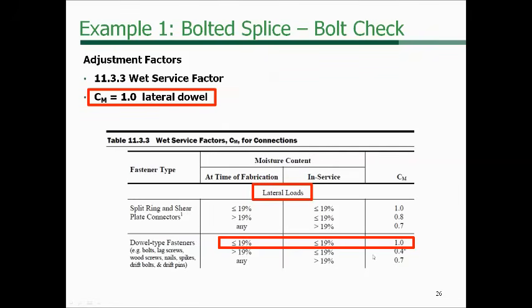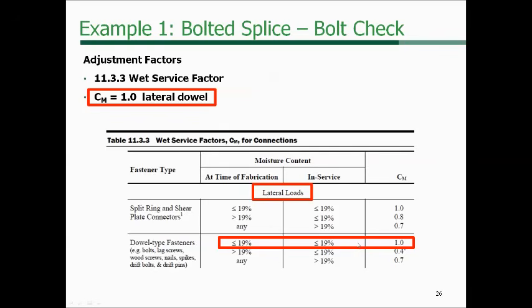Depending on the configuration, if you have a lot of bolts in a certain configuration, you can get a pretty significant penalty there, up to 60%. Now there are some caveats that allow you to back that off to about a 0.7 factor. Again, look carefully at the footnotes, but in a lot of cases this has to do with shrinkage of the wood member, and again we'll look at some of those considerations.